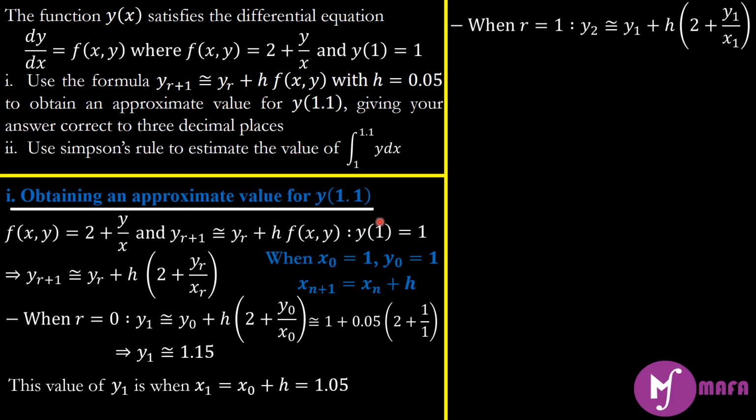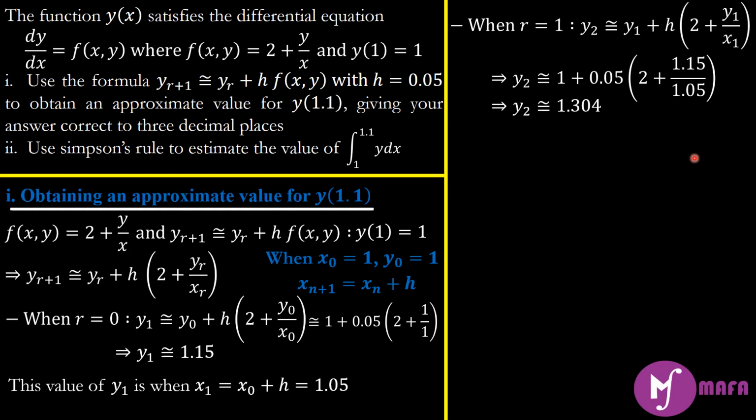So let's proceed. When r is equal to 1, we now get y2. Our y2 will be approximately equal to y1 plus h into 2 plus y1 divided by x1. So we have x1 and y1 already, and our h is constant. Our y1 is 1.15 according to the previous response, and our x1 is 1.05. So it therefore means that our y2 is approximately equal to 1.304.